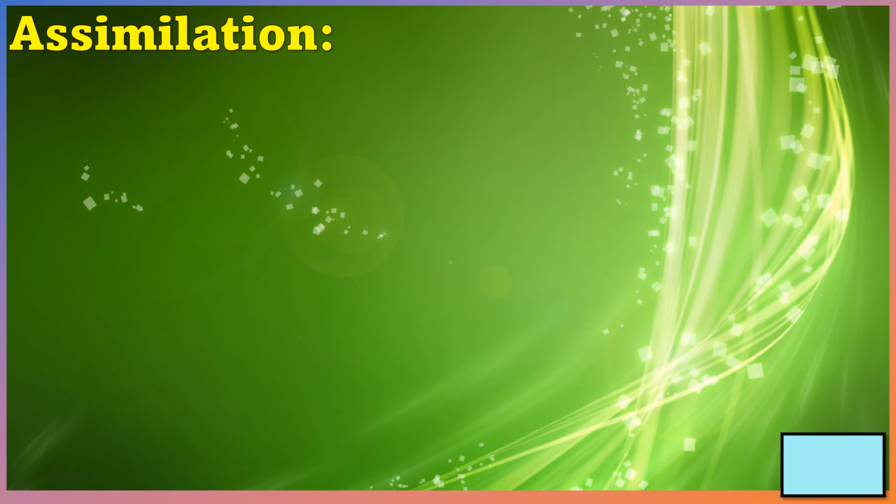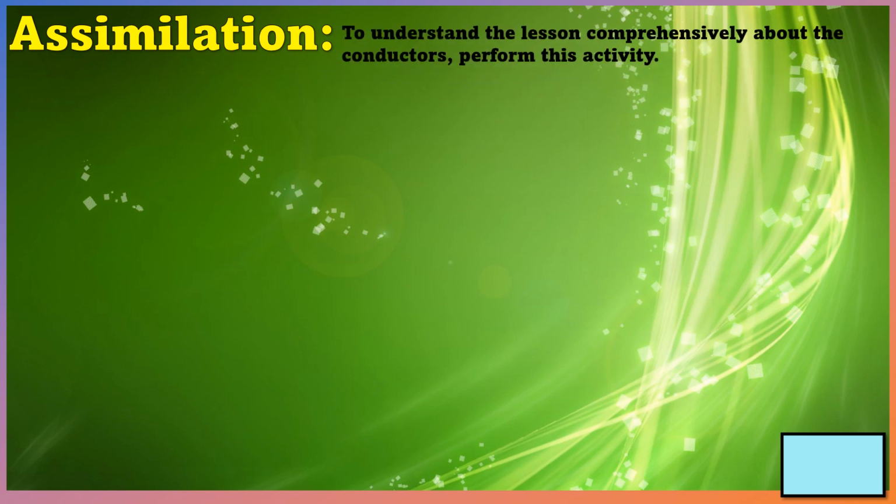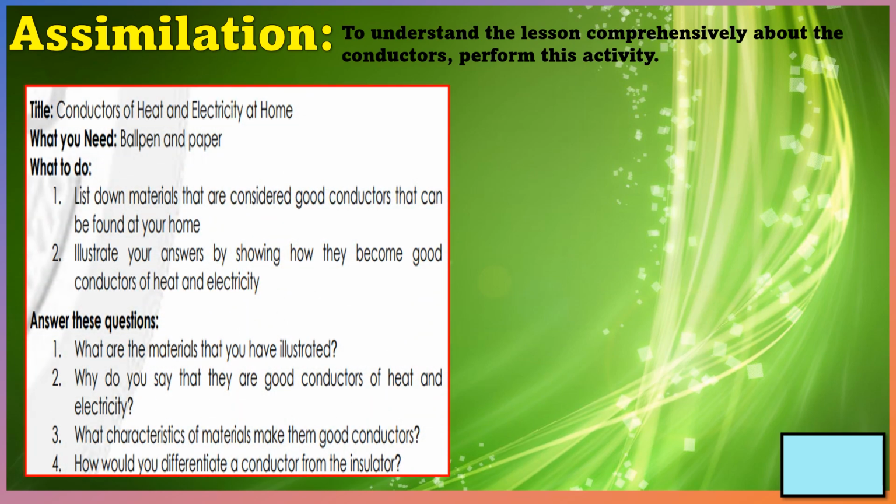For the assimilation, to understand the lesson comprehensively about the conductors, perform this activity. The title of the activity is Conductors of Heat and Electricity at Home. What you need are ballpen and paper. What to do? First, list down materials that are considered good conductors that can be found at your home.